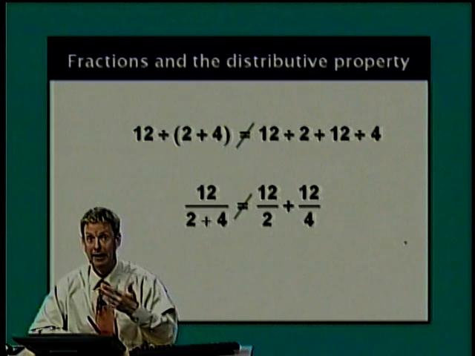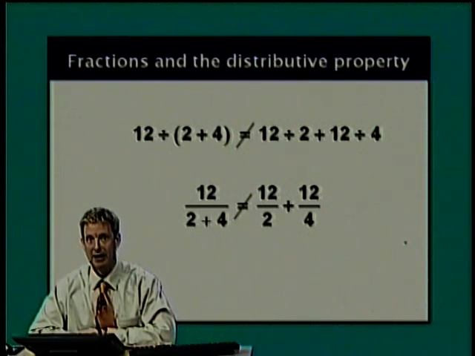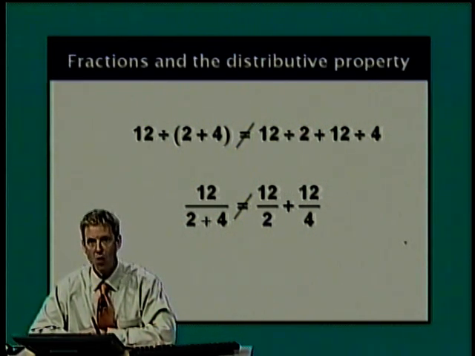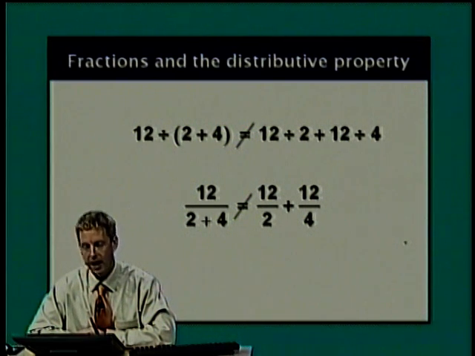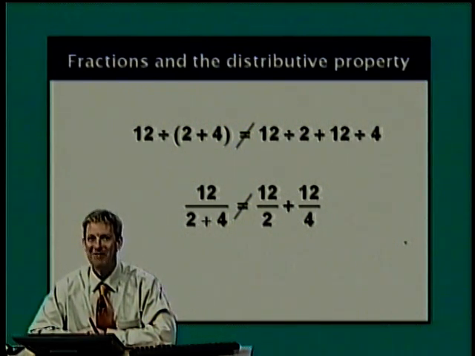What went wrong in the last example from a fraction perspective is that when I write 12 divided by the sum of 2 and 4 as a fraction, that's 12 over 2 plus 4. 12 divided by 2 is 12 over 2, and 12 divided by 4 is 12 over 4, and hopefully, you know, when you add fractions, you don't just add the denominators.